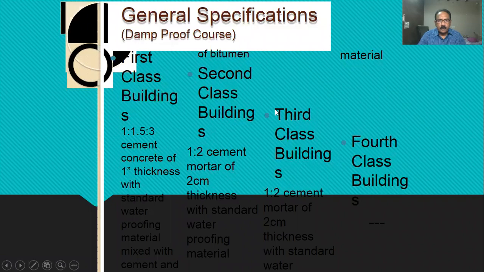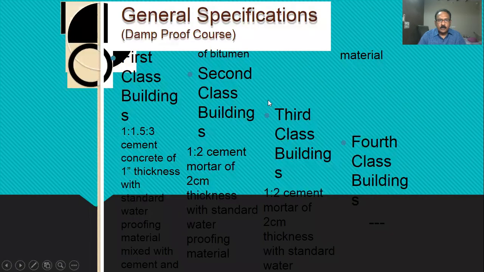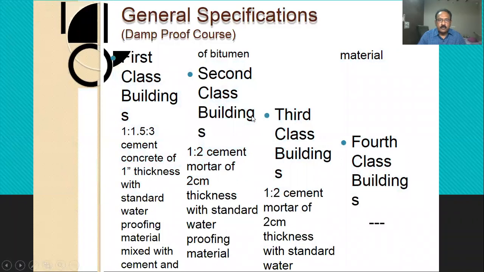In the last class, we discussed the PCC foundation. In this class, we'll discuss the damp-proof course in first class buildings, second class buildings, third class, and fourth class buildings.